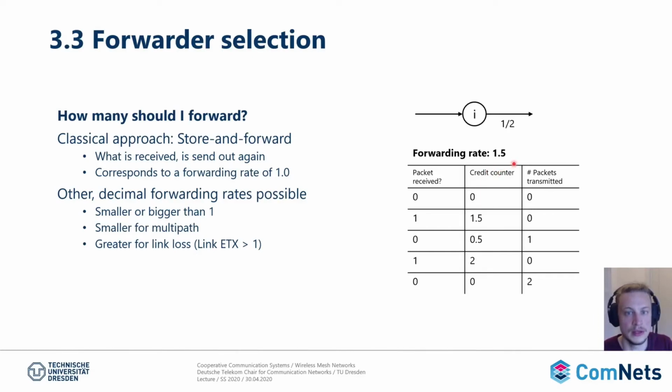Here we have an example for a forwarding rate of 1.5. For receiving 1 packet, increment by 1.5, transmitting 1, decrementing by 1 because it has sent out 1 packet. And after receiving another packet, it sends out 2 because the credit counter was 2 then, and 0 afterwards.